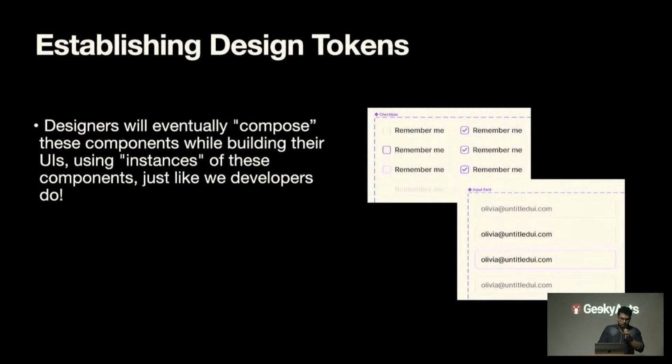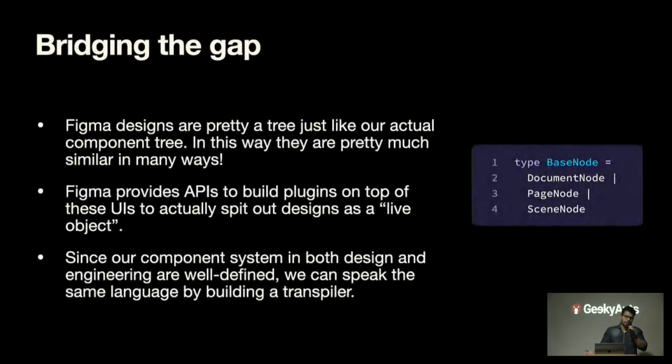And of course, another powerful feature that Figma provides is the capability of generating components, which is pretty much what we do, right? We do have certain components. We are composing these components, right? And in fact, designers also compose these components just like us. So now that we have established that they might have some design tokens and we might have some components, let's bridge that gap.